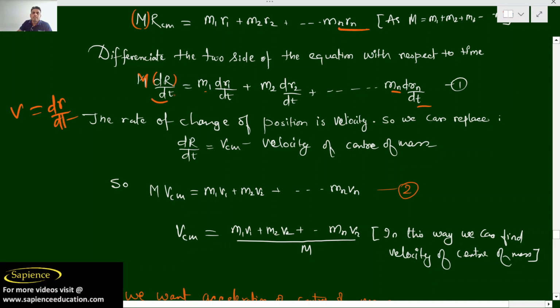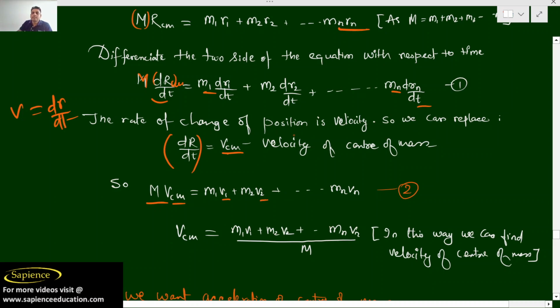So dR by dt can be written as the velocity of the center of mass, because R is also the center of mass. So the differentiation of the position of the center of mass with respect to time is known as the velocity of the center of mass. So we can write M into V_CM, and dR1 by dt is V1, dR2 by dt is V2.